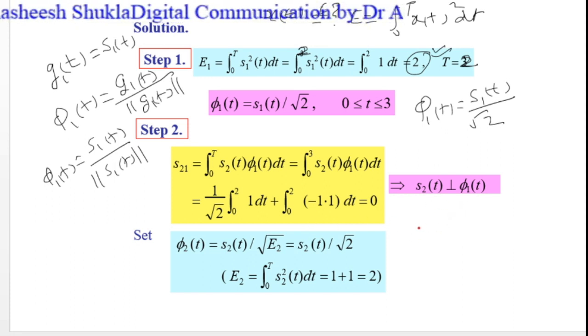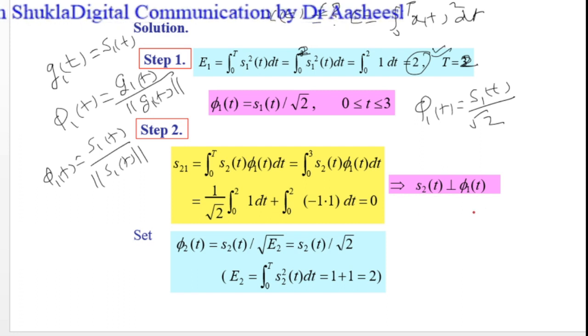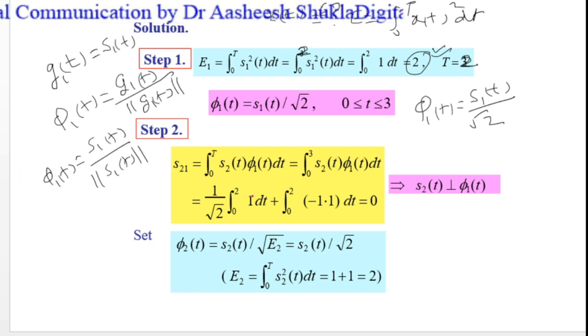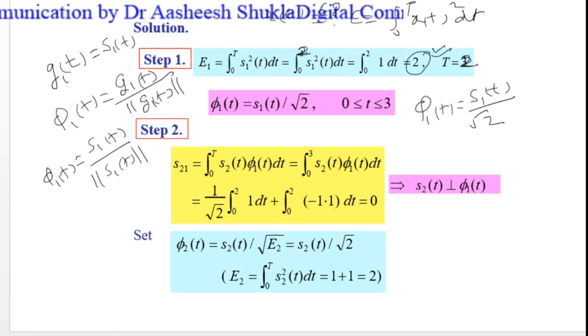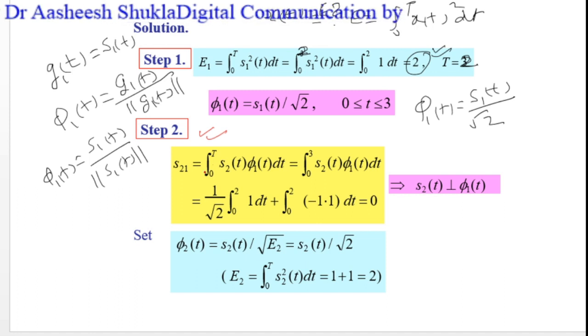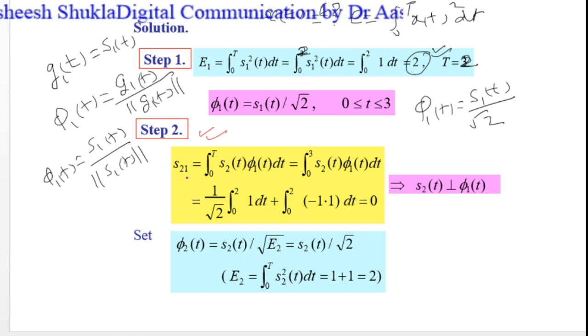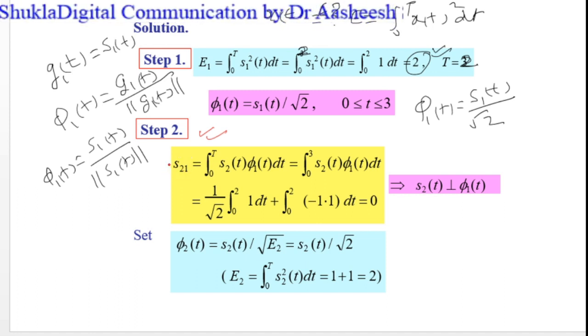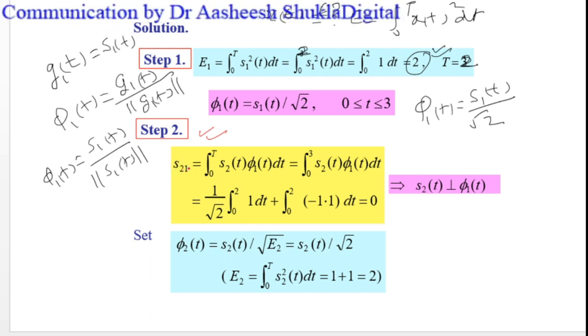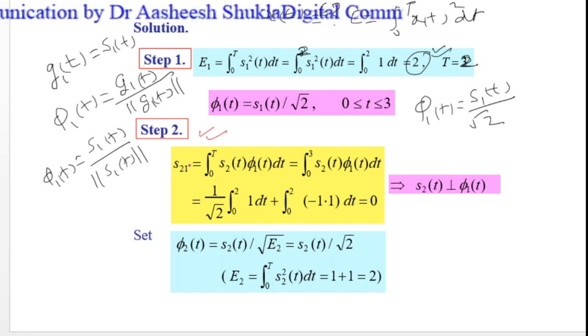The new vector which we are going to find should be orthogonal as well as orthonormal to phi 1t, right? So to get that second vector, we follow step 2, and in step 2 first we will calculate S21. S21 means the projection of vector S2 on the available vector phi 1.